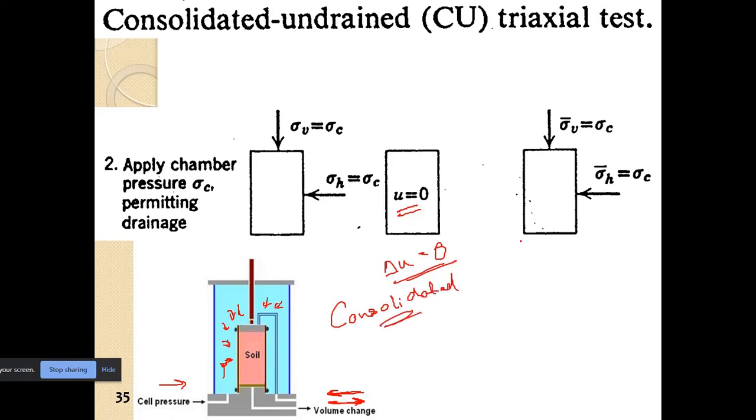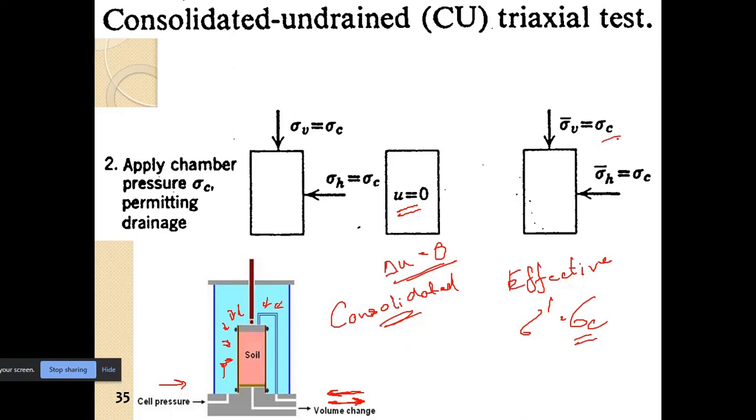Whatever confining stress or confining cell pressure we are applying, the same amount of effective stress is being developed within the sample. So that is what is happening here. The effective stress is equal to whatever confining cell pressure we are applying.